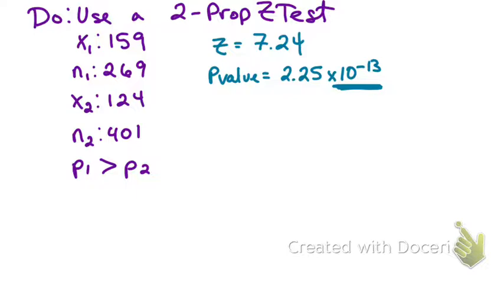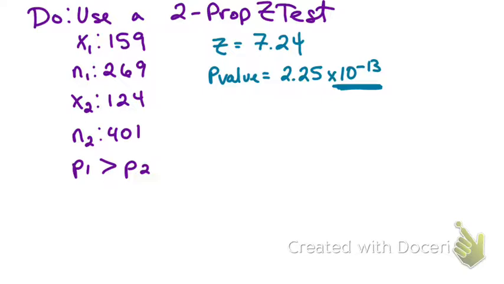This is a teeny tiny number because the probability of us getting a difference as extreme or more extreme than what we got just because of sampling variability is pretty much zero. The chance that this was a sampling variability difference is pretty much zero. So what does that mean? Well, that means that there's a big difference between 18 to 29-year-olds using Instagram and 30 to 49-year-olds using Instagram. Are you shocked? No. Not at all.